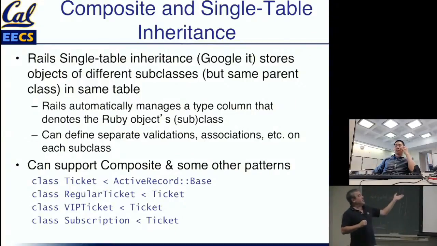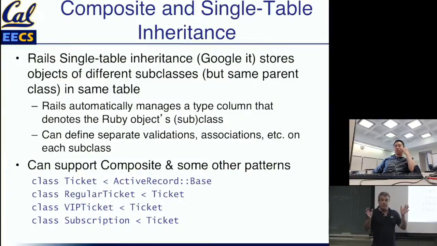And that's why it's nice that Rails actually has some machinery that manages this for you. Basically, if you add a column called type, that column is assumed to be the name of the subclass of the appropriate object, and Rails does all the right things. So if you pull out something from the database whose type column was set to regular ticket, even if the base model is called the tickets table, Ruby will cast it to the correct type.